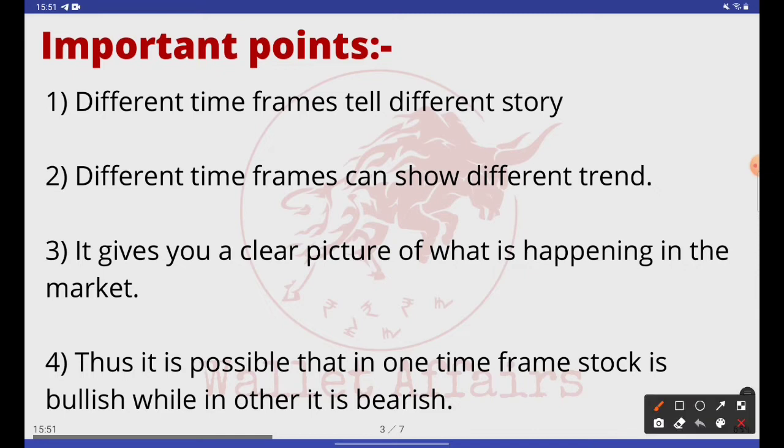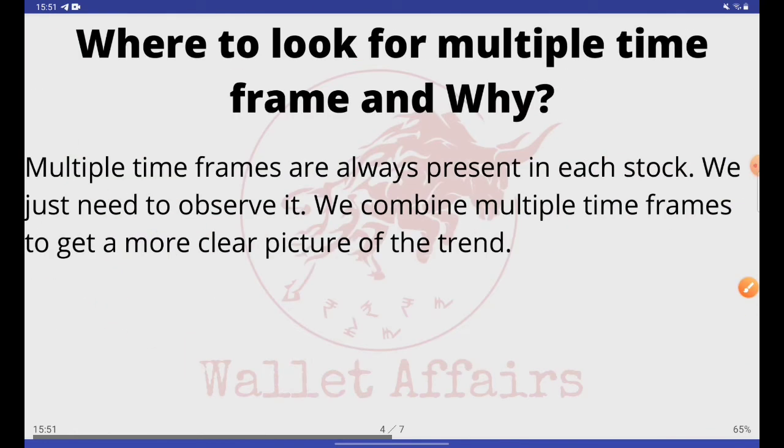And it is possible that in one time frame the stock is bullish, while in the other time frame it is bearish. Okay, you will understand these points more clearly when we see the practical.